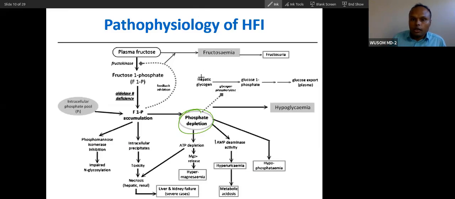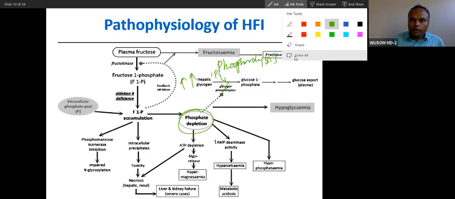You know, glycogen breakdown needs what? Phosphorylase. If phosphate is not there, how will phosphate be added here and glycogen break down? That is why glycogenolysis is inhibited, and glycogen accumulates in the liver.